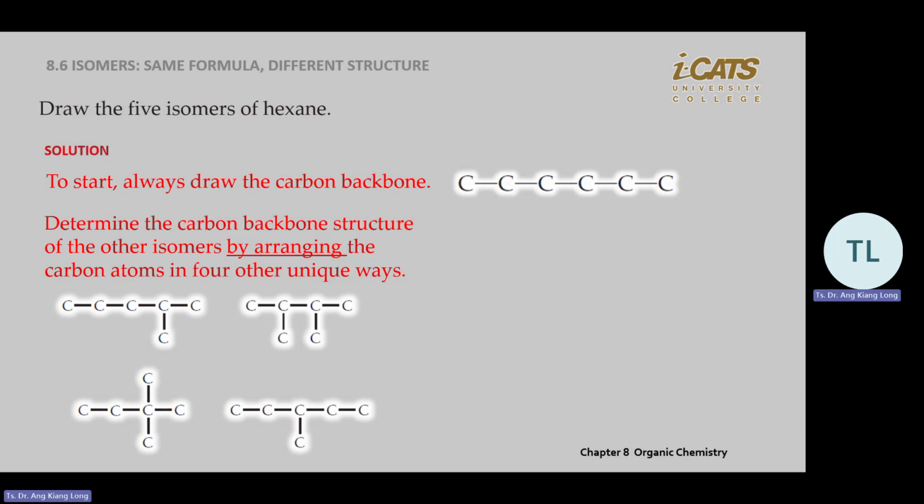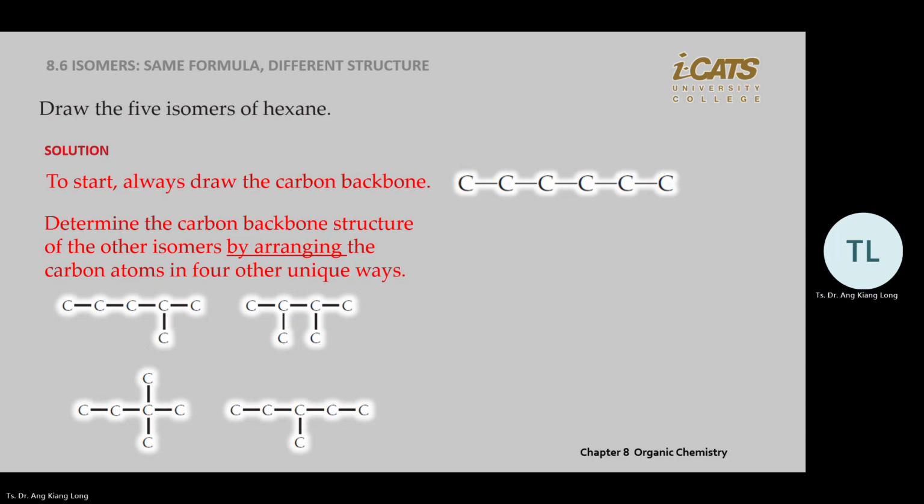The first one on the top is called one branching. This one on the right is called two branch. This is also called two branch. Later we have naming, I will teach you how to name the thing.